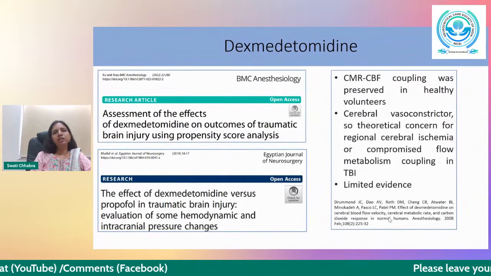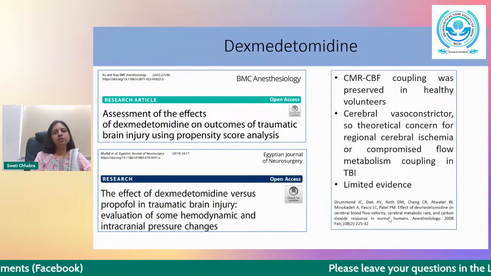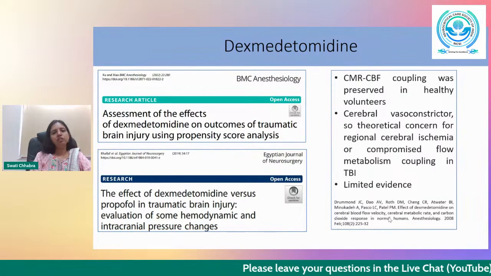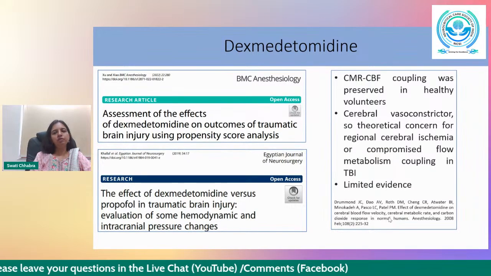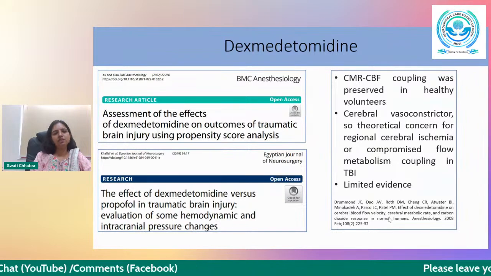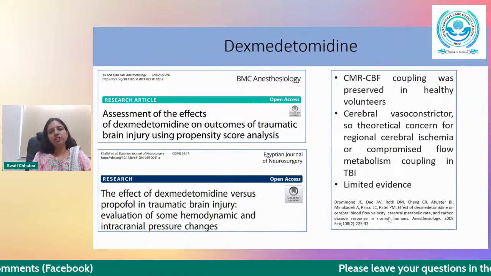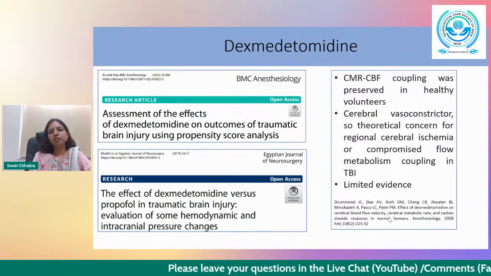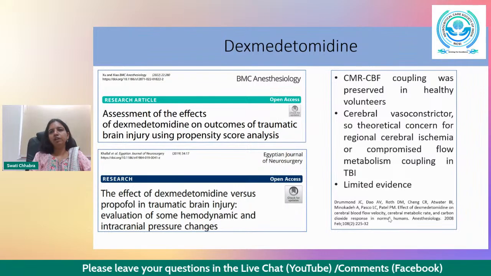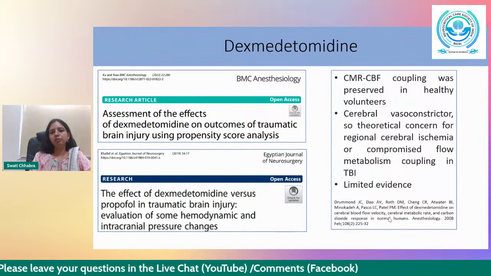So dexmedetomidine has been used mainly for sedation in ICU, and probably this will be dealt with in the upcoming talk. But most of the use is in the sedation in the ICUs, and much lesser use in the operating rooms. It has been observed that in healthy volunteers, the metabolic rate and blood flow coupling is preserved with dexmedetomidine.